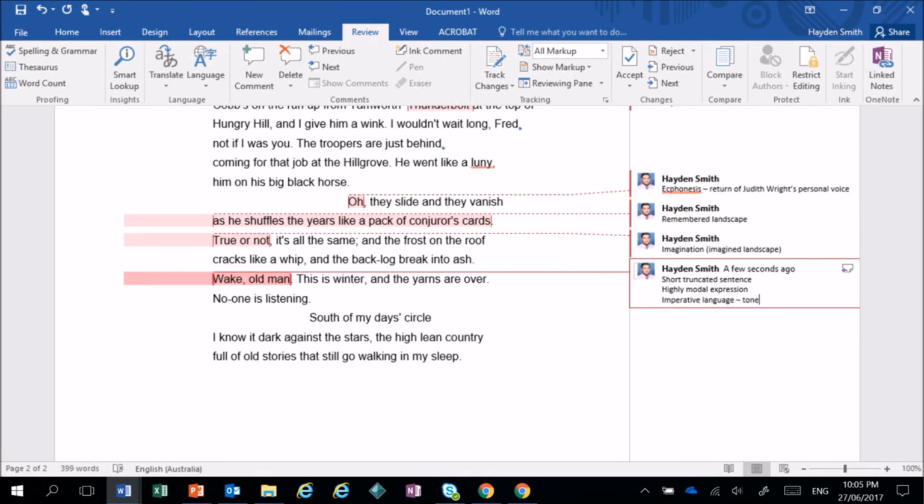No one is listening. Now, the big thing I think about this last line, and I think it feeds into that sense of wake, old man, is that we should ask it as a question. Is no one listening? I think it's the act of saying, not that no one's listening, but that we often don't listen to it as a true story. Okay? On one hand you can say no one is listening, yes, because what old Dan says he's just saying for himself, for his own comfort.